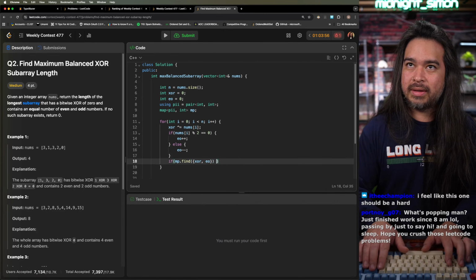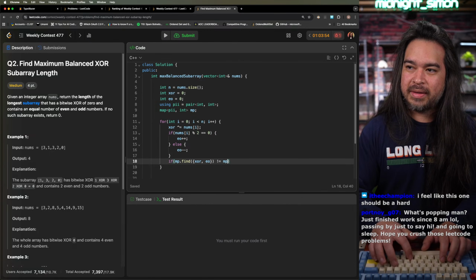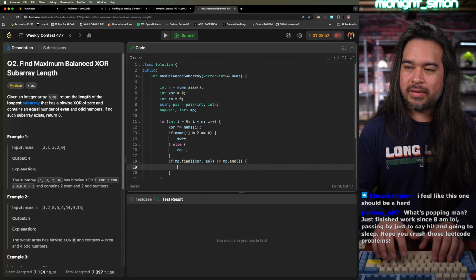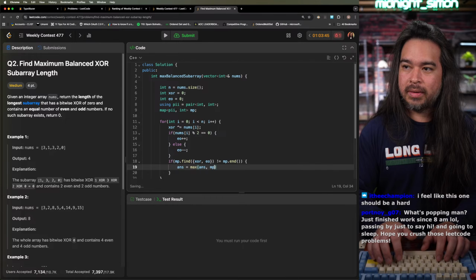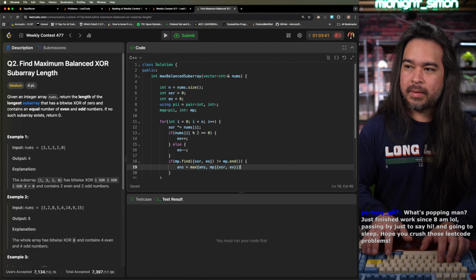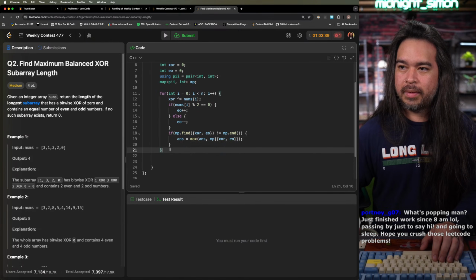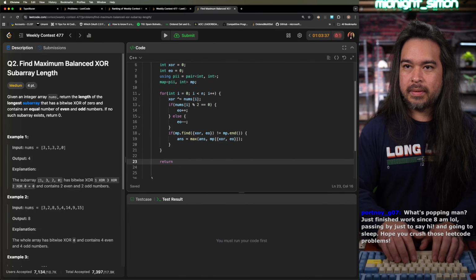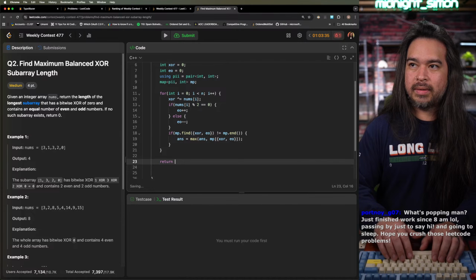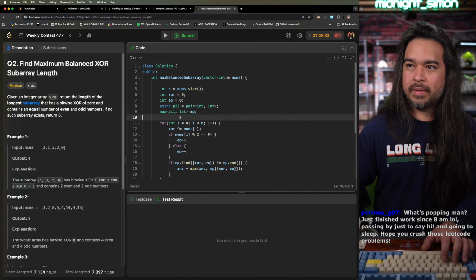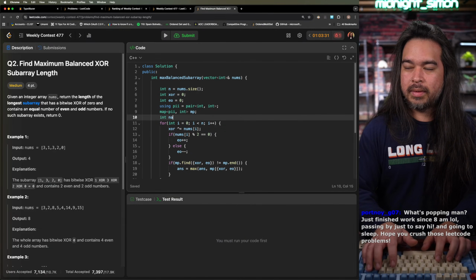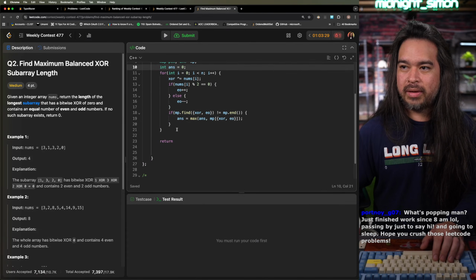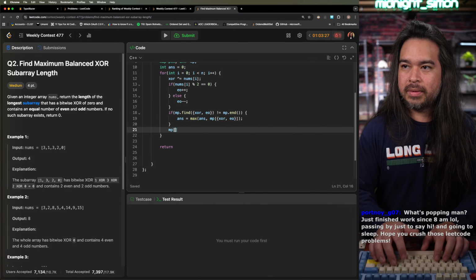If we find this in our map, that means we have a potential answer. Right? And then that's it. And then we have to put it in the map.